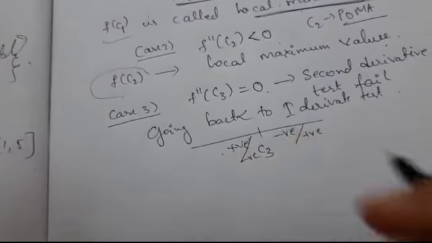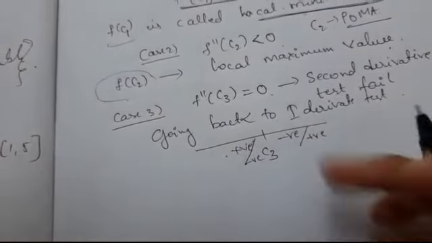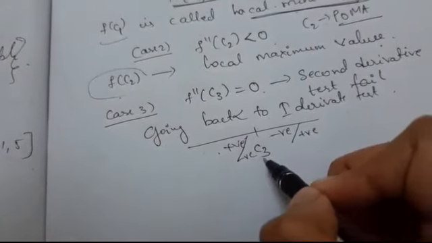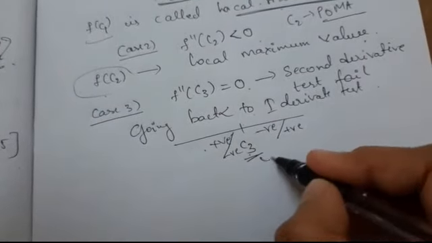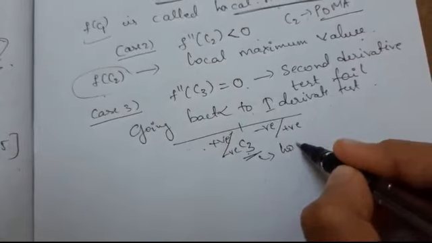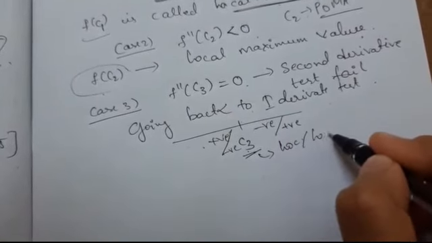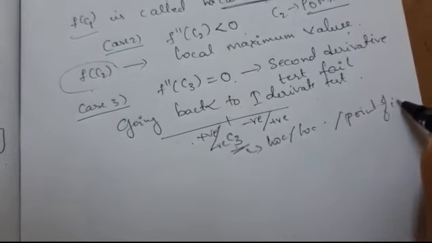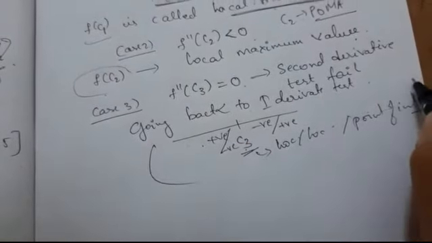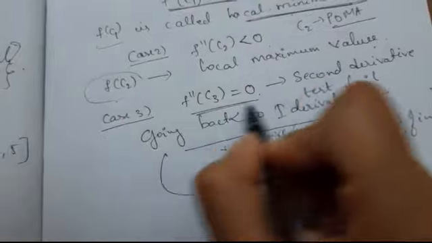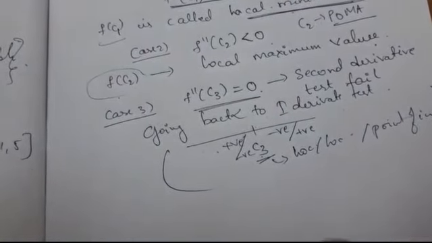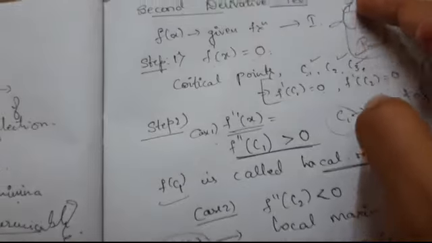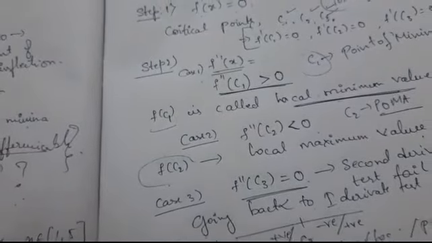Based upon these values you need to say whether at C3 we get a local maxima, a local minima, or a point of inflection. You need to check this by the first derivative test when the second derivative test fails. So this is a description regarding the second derivative test.